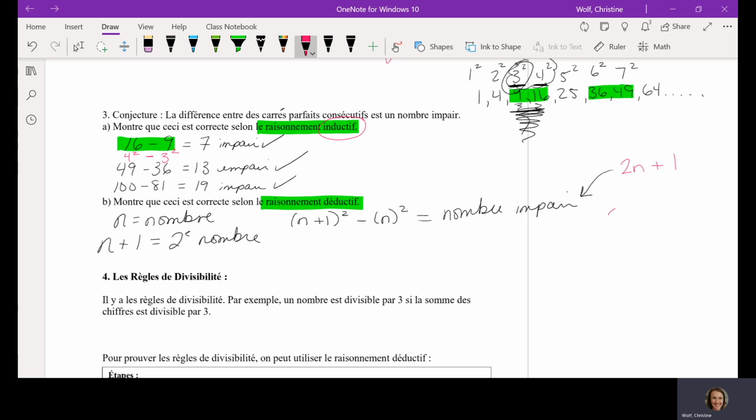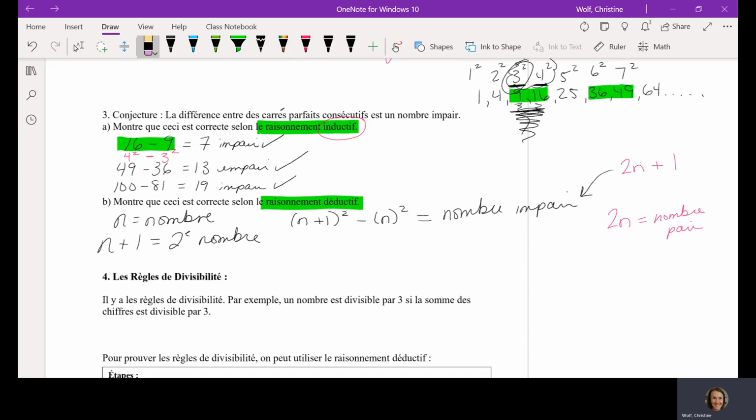The reason being is 2n représente un nombre pair. And think about that. If I take any number, 7, and multiply it by 2, ça va être pair. Multiplying something by 2 will always make it an even number because once you multiply it by 2, it's now divisible by 2, and anything divisible by 2 is an even number.